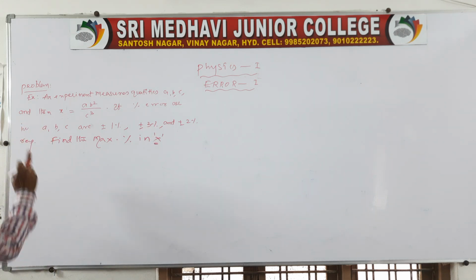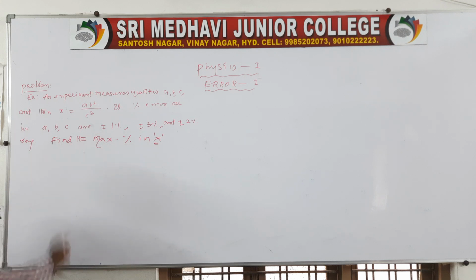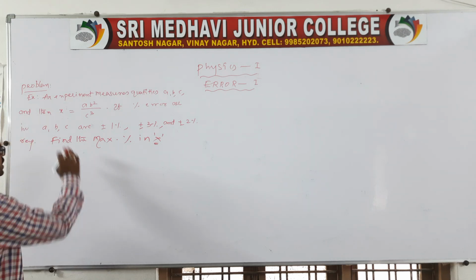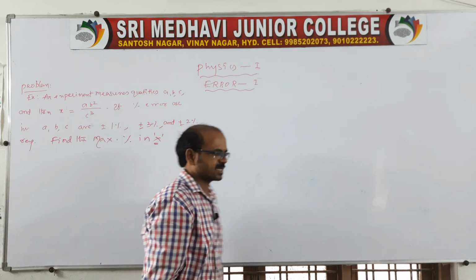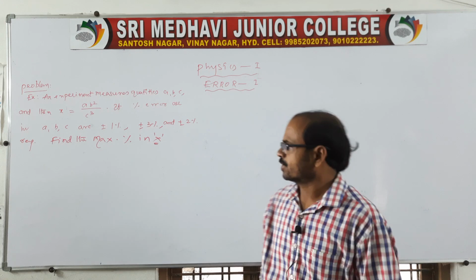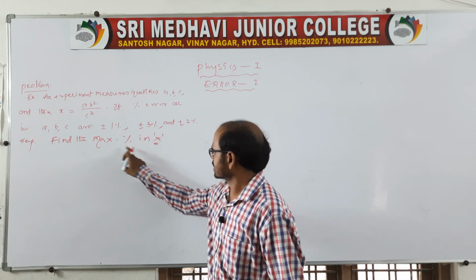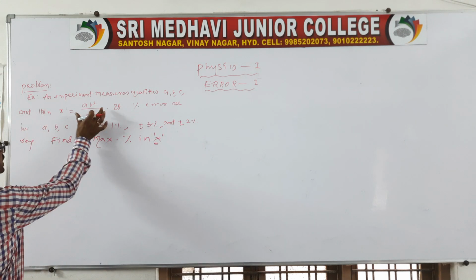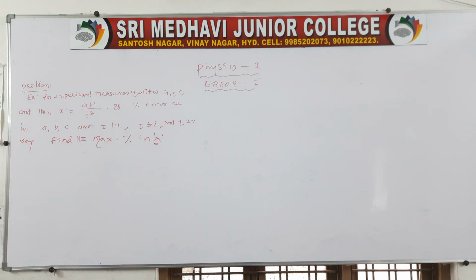That means the percentage error in a is given as plus or minus 1, the percentage error in b is given as plus or minus 3%, and the percentage error in c is given as plus or minus 2%. Now he is asking what? Percentage error in X. So there is a quantity X, given as X is equal to a b square by c cube. Now we have to do the solution.